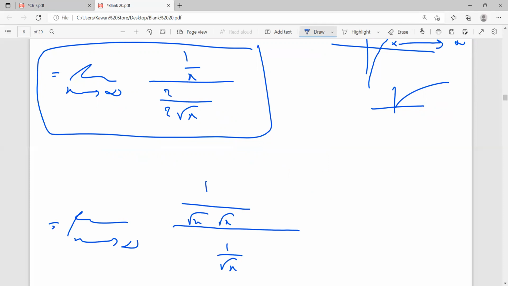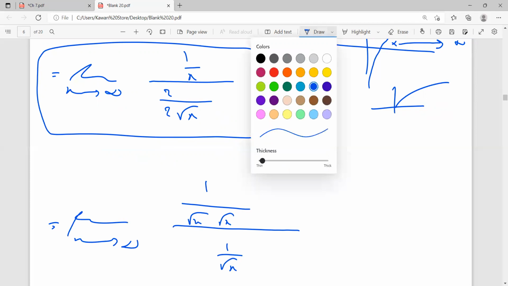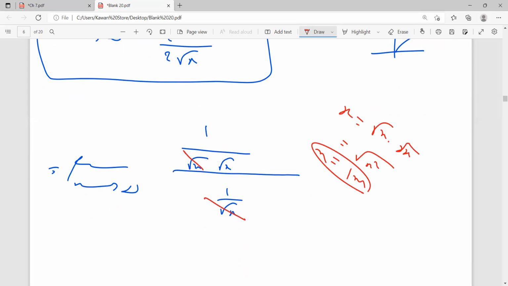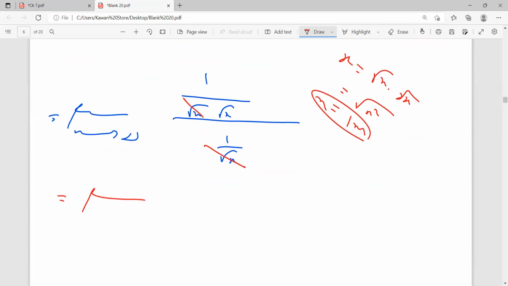New idea for you. Okay. And I can say, am I right again? Yes. x is equal to what? Square root of x multiplied by square root of x is equal to x. That's why I'm going to write it like that.